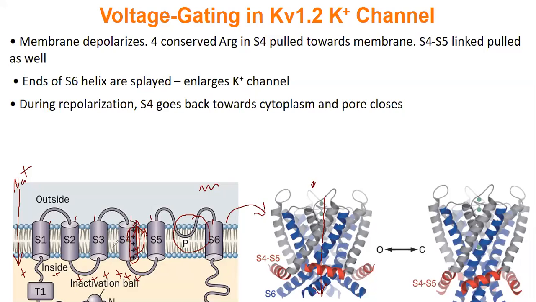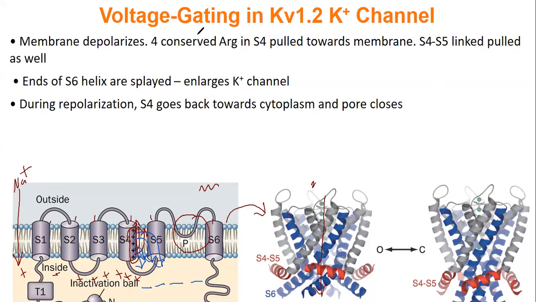When our pore opens up, potassium can escape. When the inside of our cell becomes negative again, the arginines will be attracted towards it, and they will move back towards the cytoplasm, closing up our pore.